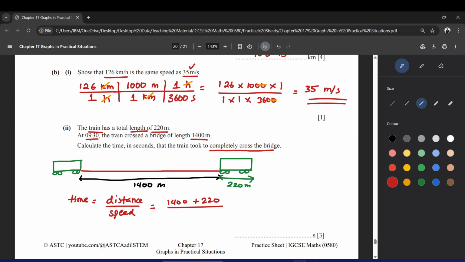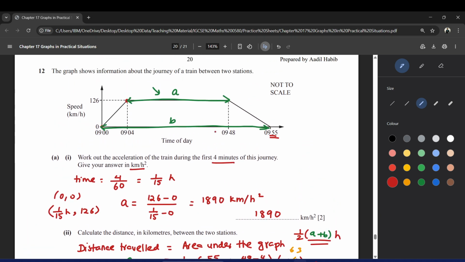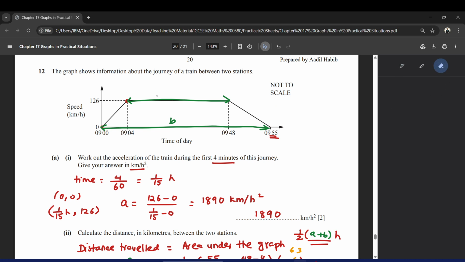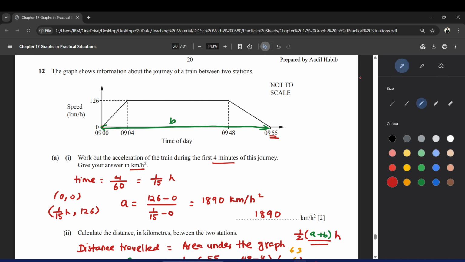Because it says that at 9:30, it is in this part of the graph where the train is traveling at 126 kilometer per hour or 35 meters per second. So the train is in this region.